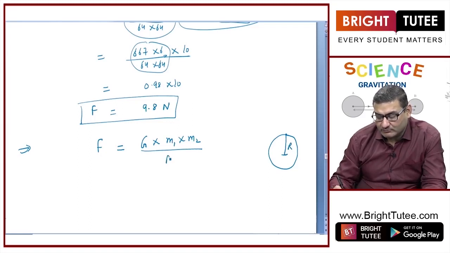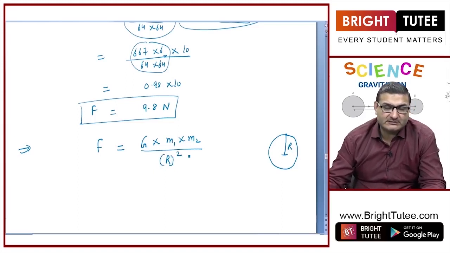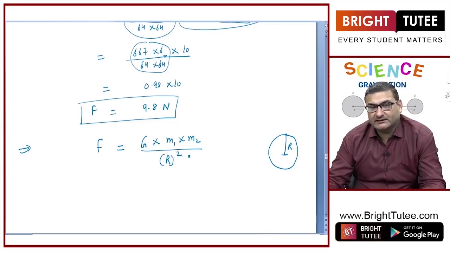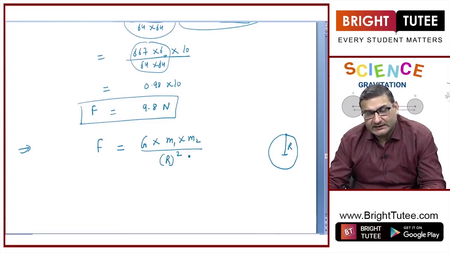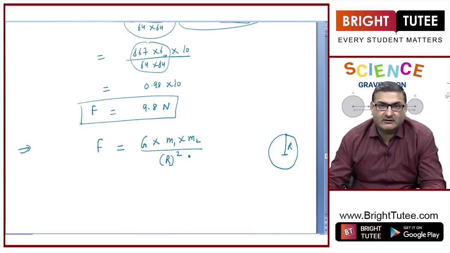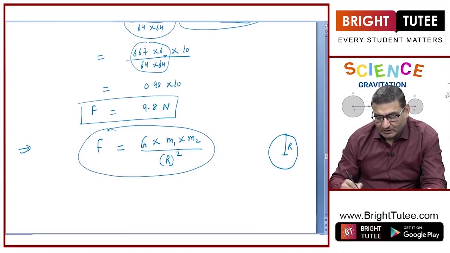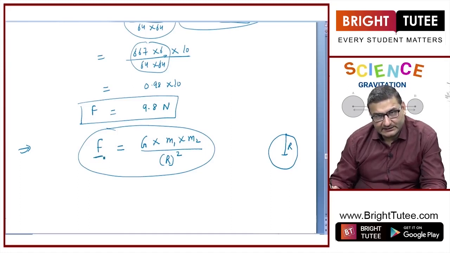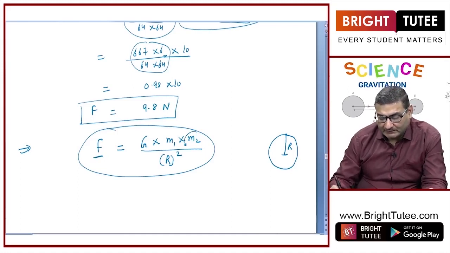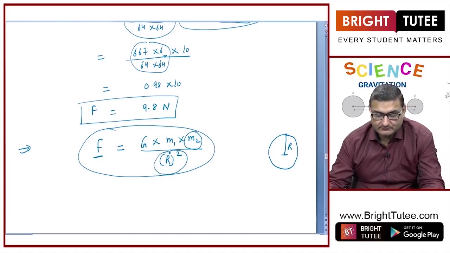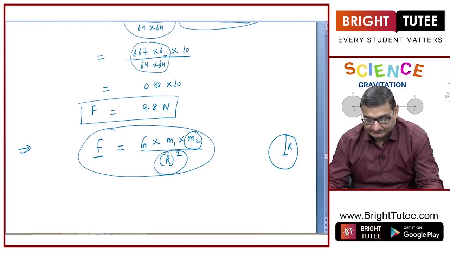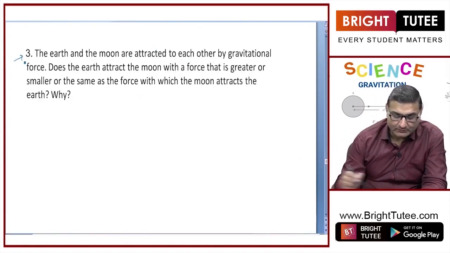So I can also write the radius square rather than d square, because it is one and the same thing in this particular case where this small object was kept on the surface of the earth. So this may be an expression of the force exerted by earth on a particular object with mass m2 which is kept on its surface. Got it? Fine.